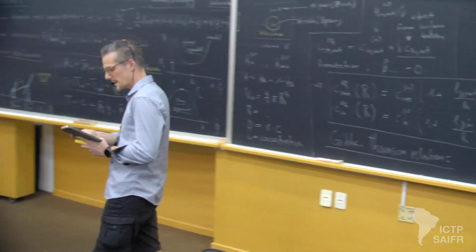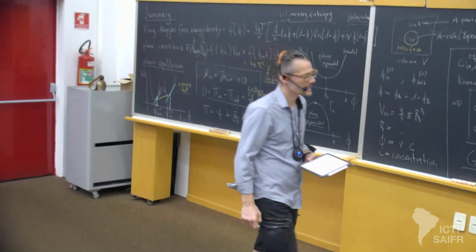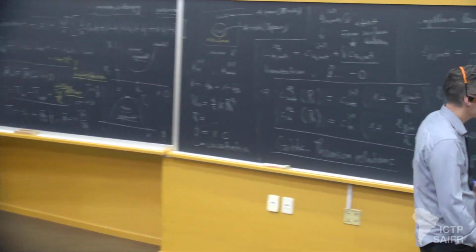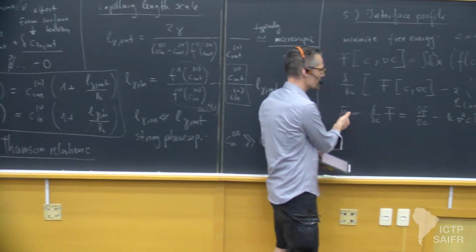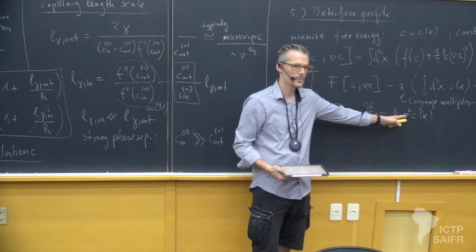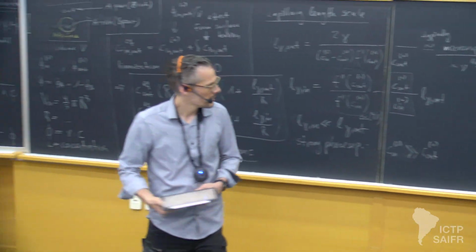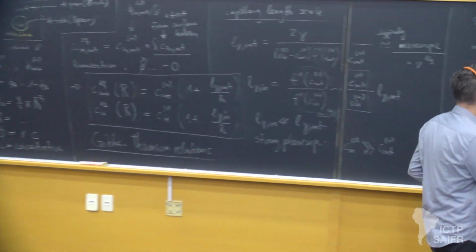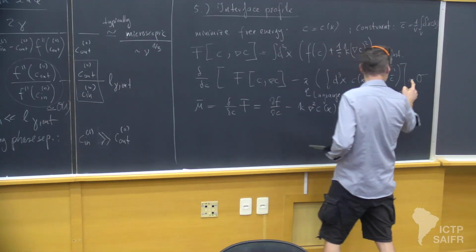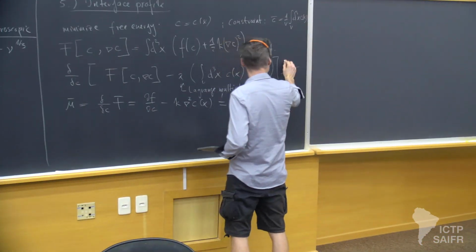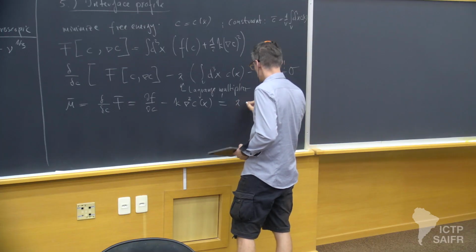Now we see that this chemical potential is no more an easy function of C, it's actually a differential equation, because I have the Laplacian of C. But it equals lambda, and this is constant.